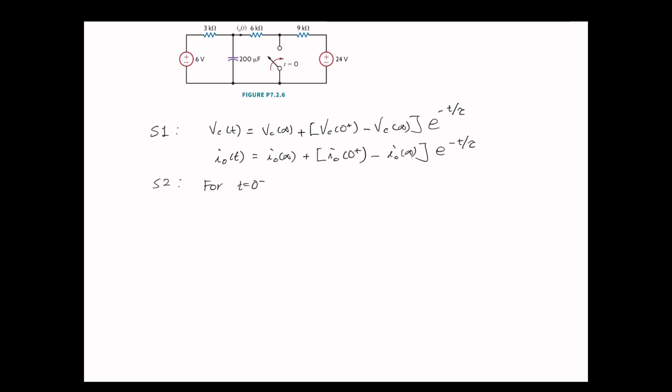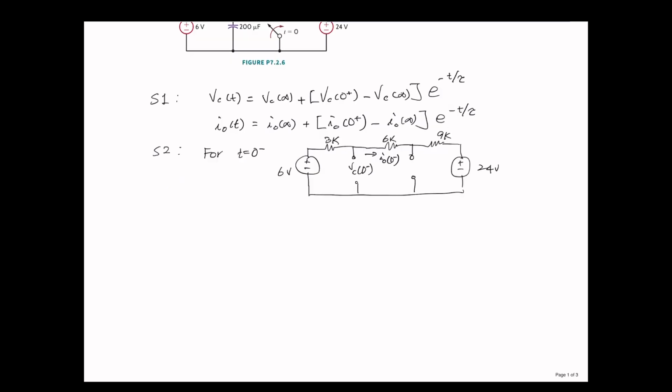Step number 2, we need to find the circuit for t equals 0 minus. At t equals 0, we're going to close that switch, so right before that, we get this circuit. We do KVL: negative 6 plus resistors 3K plus 6K plus 9K. They're in series.